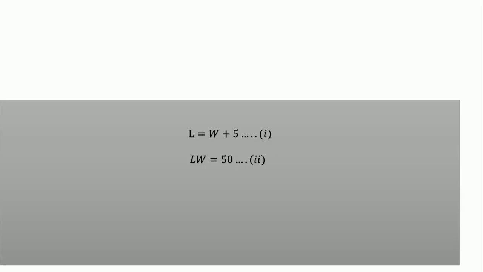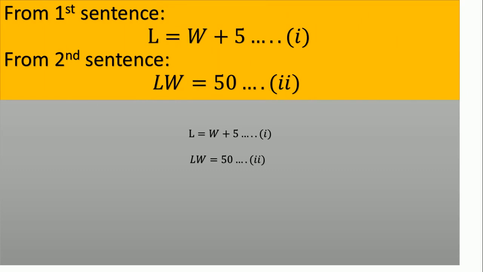So in continuation with that question, you can now see that from the first sentence we express that our length will be whatever be the measurement of width plus 5, because it is 5 centimeters more than the width. And at the same time the area, which is the length times width, sometimes called length times breadth, will give us 50. And by the time you do this, you have a complete formulation of two equations which is simultaneous quadratic in nature.